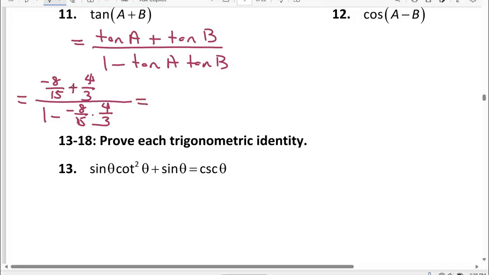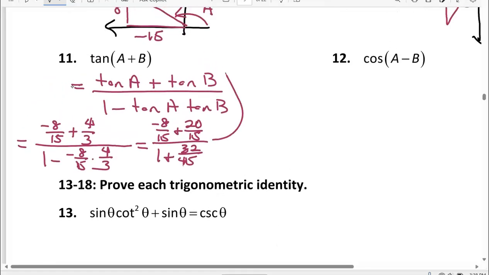Okay, so we just need to perform some arithmetic here. We have -8/15 plus, and give this one a common denominator, that's 20/15. And then downstairs, we have 1 plus 32/45.